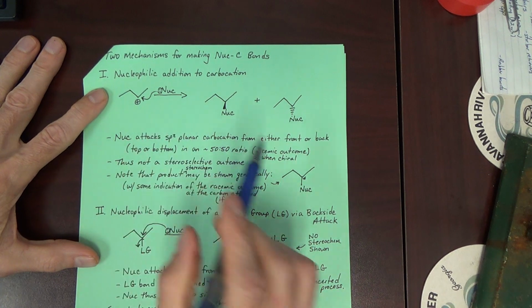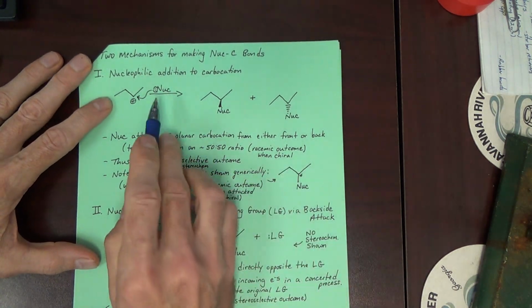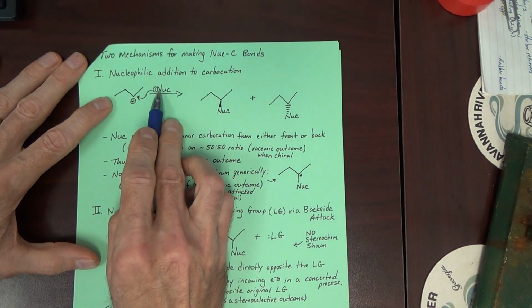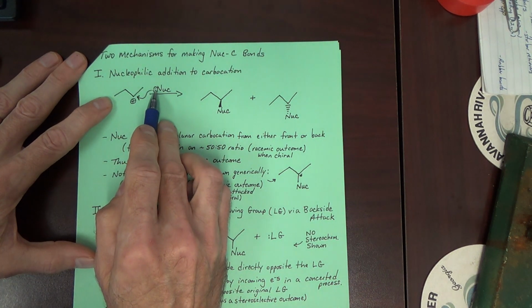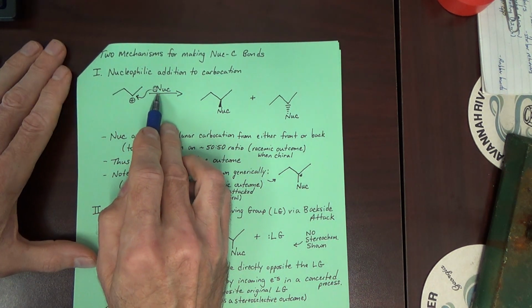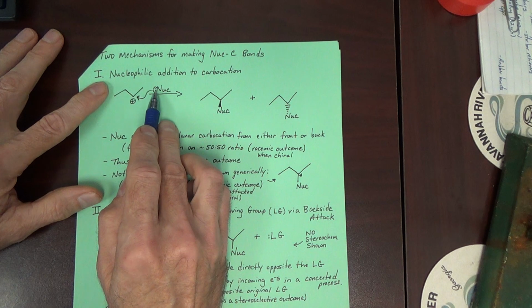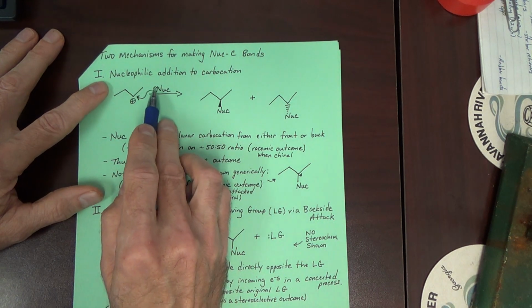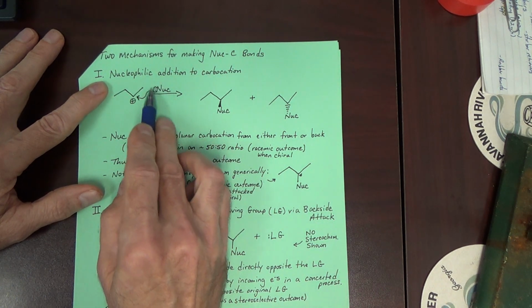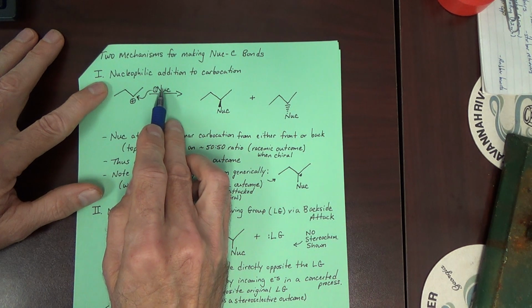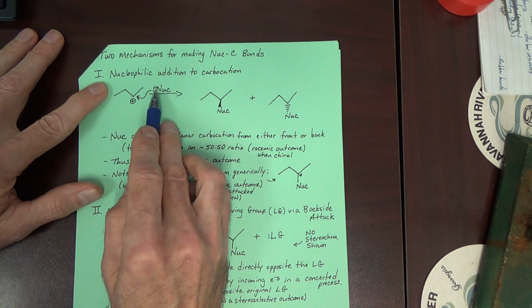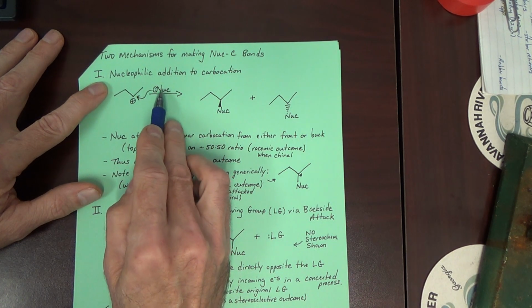A nucleophile is something with a lone pair, maybe a minus charge. Typically it's going to have a lone pair, although it doesn't have to. It's the thing that has the electron density. And electrons like positive charges, and the nucleus is typically positive.